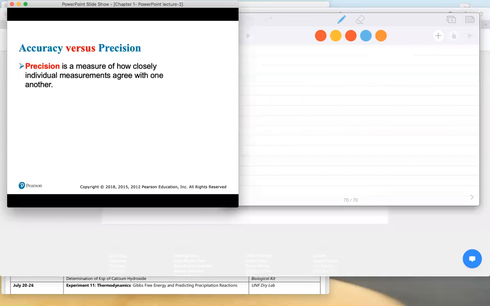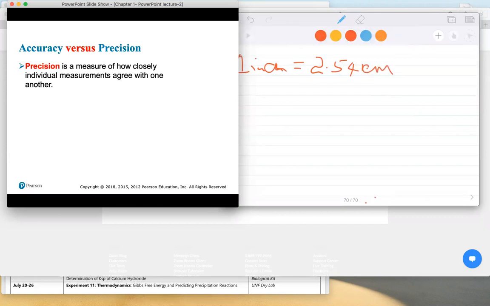For example, let me give you what accuracy means. If we know this is a true value, 1 inch equals 2.54 centimeters, this is a definition.